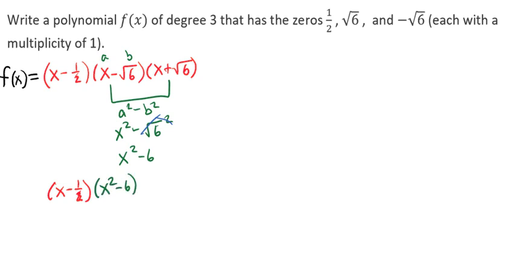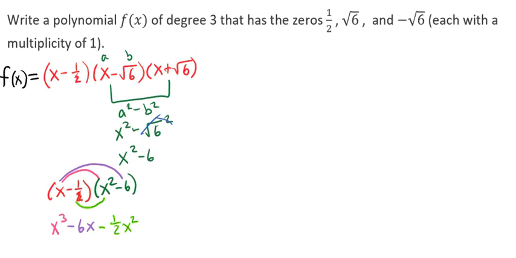And now we're going to distribute these factors, and some might even call it foiling. And so we will take x times x squared and get x to the third, and take x times negative 6 and get a negative 6x. Negative 1/2 times x squared is going to be a negative 1/2 x squared.